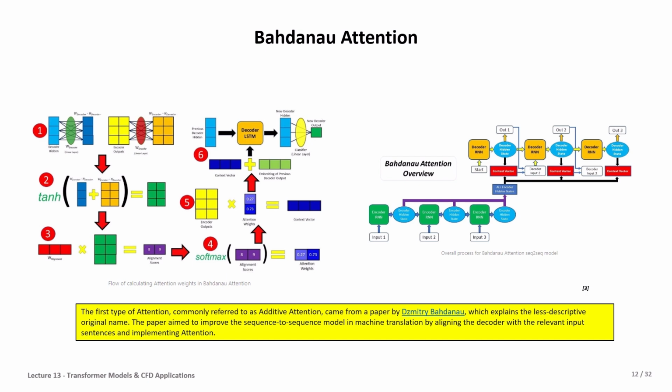However, the main change or aim of the improvement of this attention for the sequence to sequence model was for machine translation, by aligning the decoder with the relevant input sentence and implementing attention. So this is the most important change of this model, which made it a sequential model. But let's see how it's different from the Luong attention model.